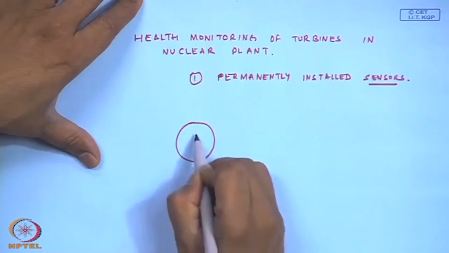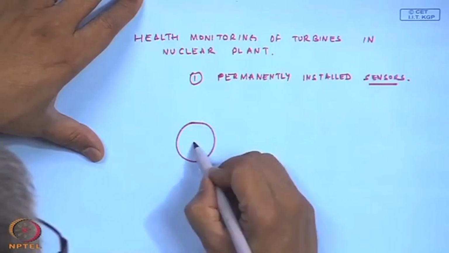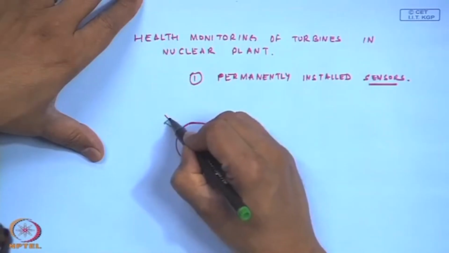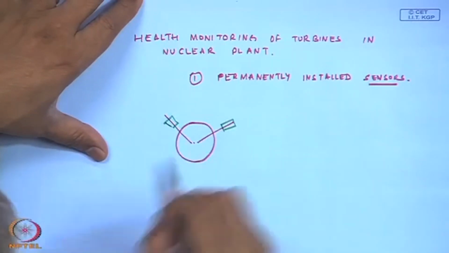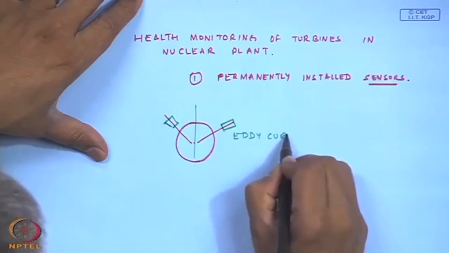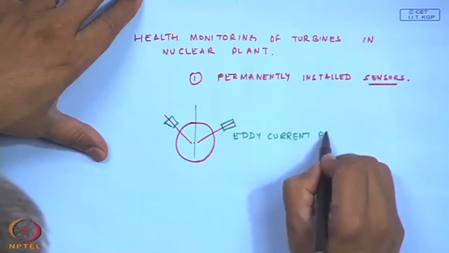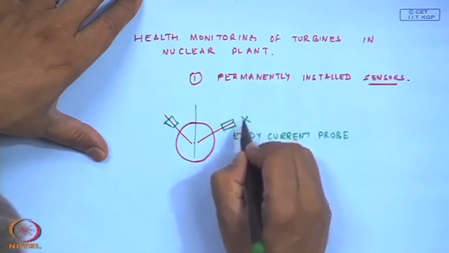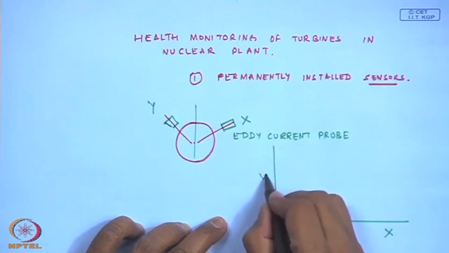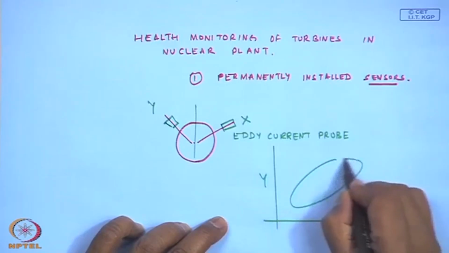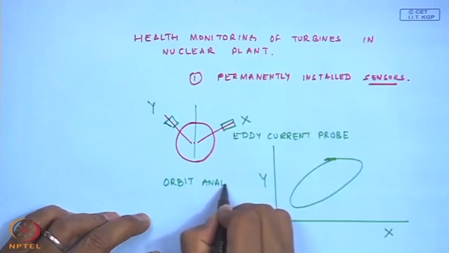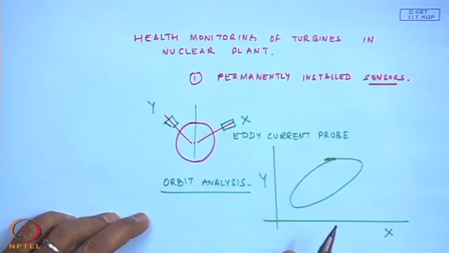By sensors, I mean that usually in such turbines at the journal bearing end, the usual practice is to put some sort of a non-contacting type eddy current probe, this is actually at 45 degrees, X, Y, and you can do a lot of orbit analysis to detect defects, and we have discussed orbits in one of our earlier classes.